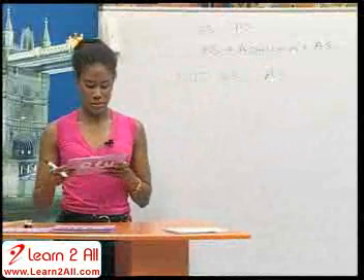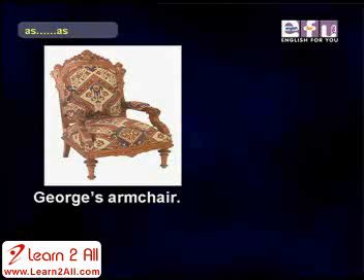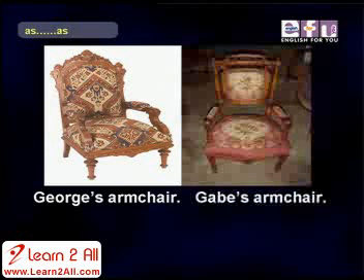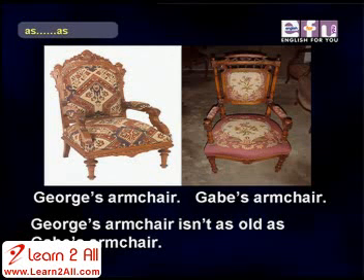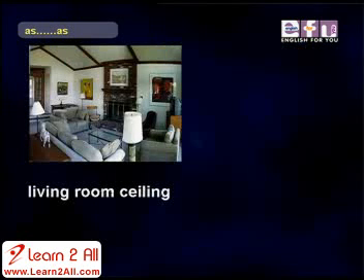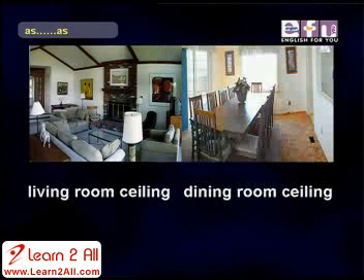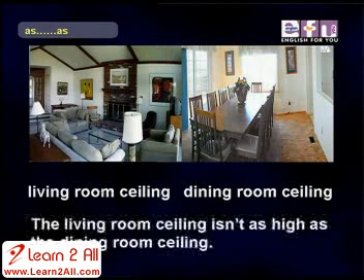More examples. First we have George's armchair. And we have Gabe's armchair. George's armchair isn't as old as Gabe's armchair. It is newer. We have a living room ceiling and a dining room ceiling. The living room ceiling isn't as high as the dining room ceiling.